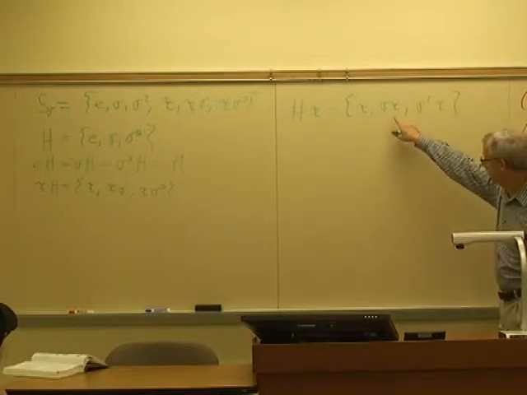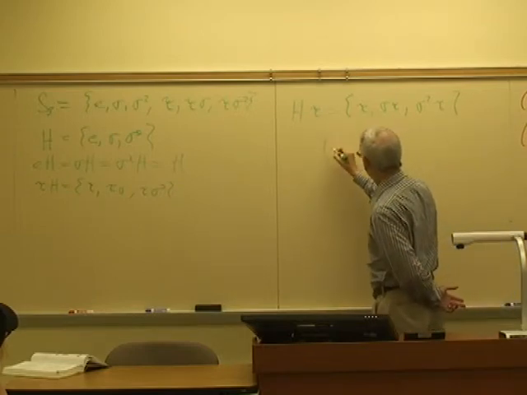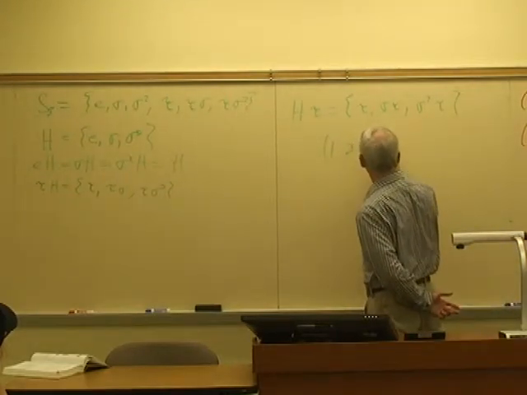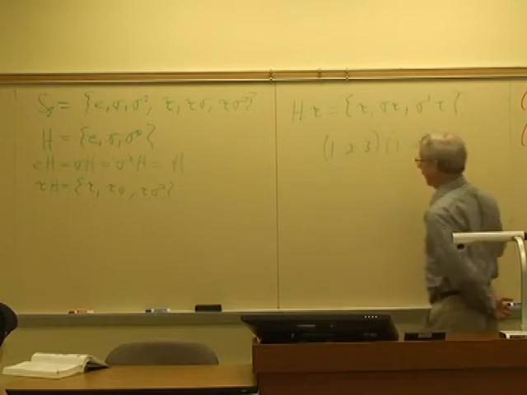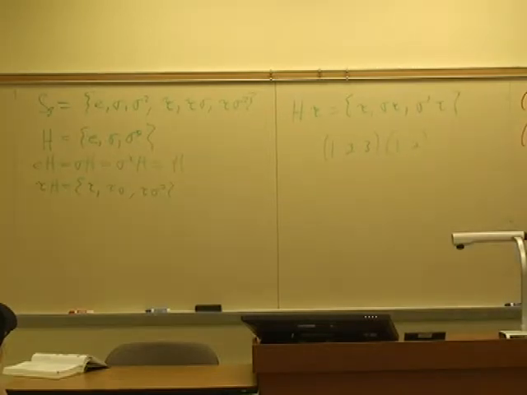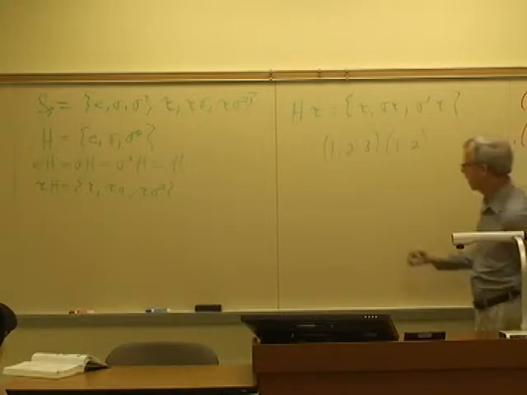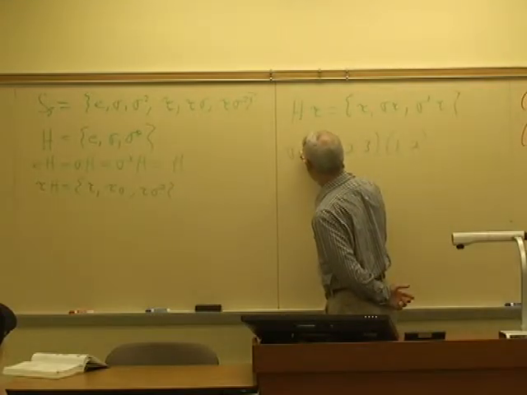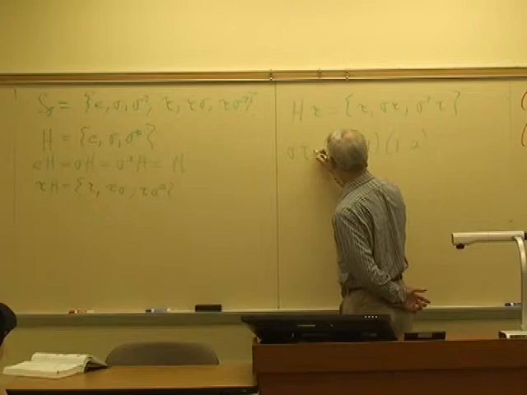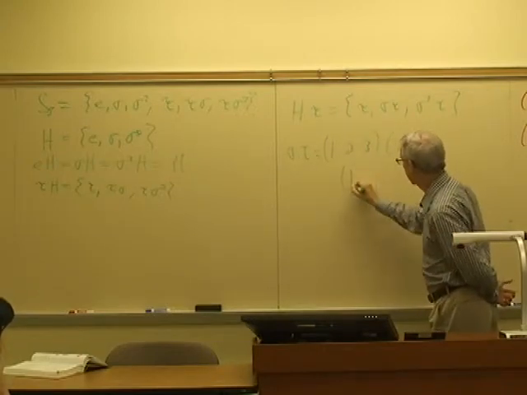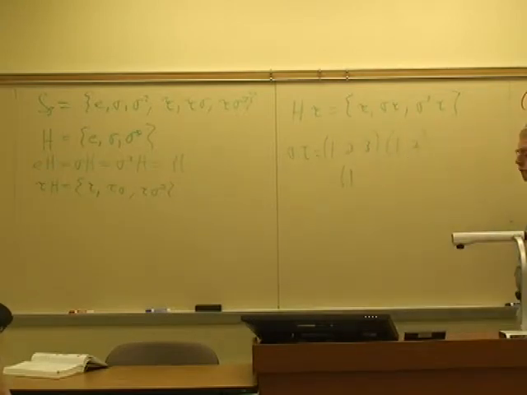So we have to actually figure out what sigma tau is. How do we do it? 1, 2, 3, there's sigma, there's tau. So when I compose these, what do I get? One goes where? Where do I start?